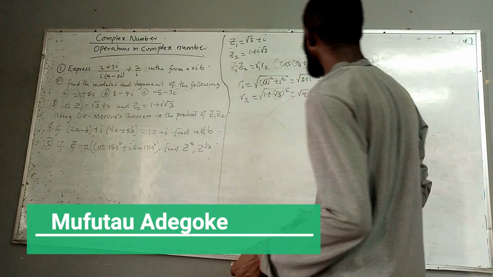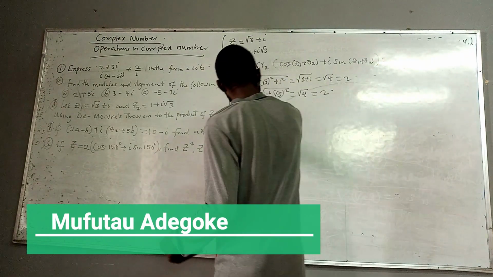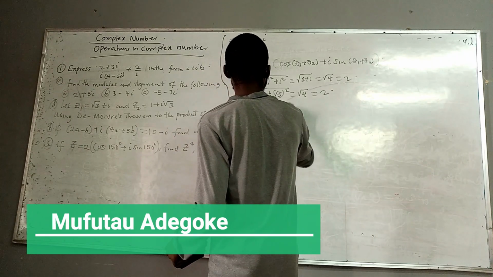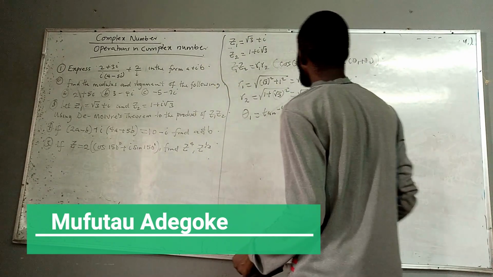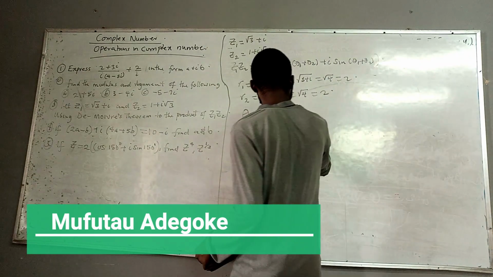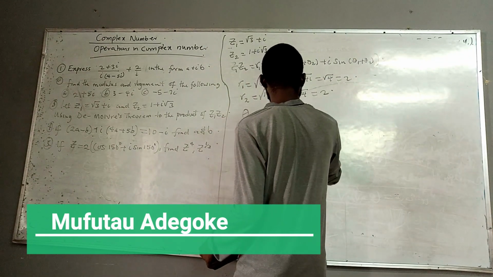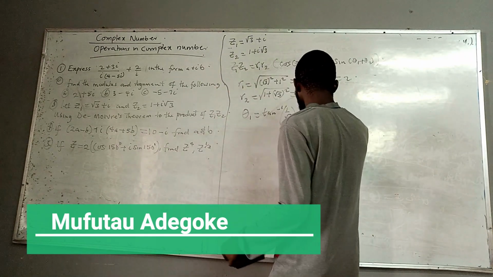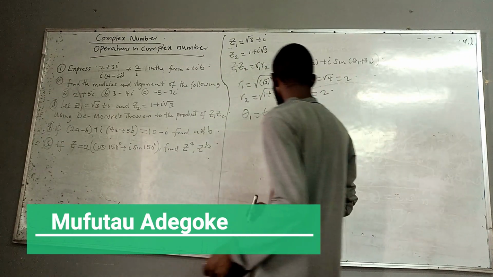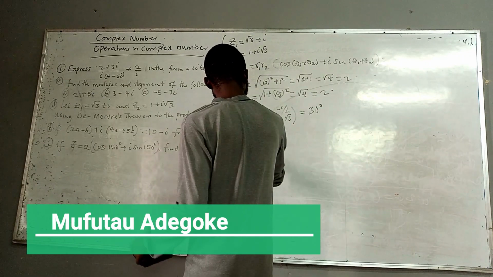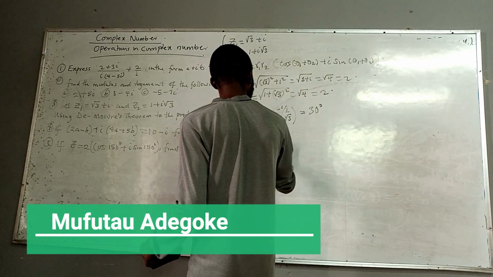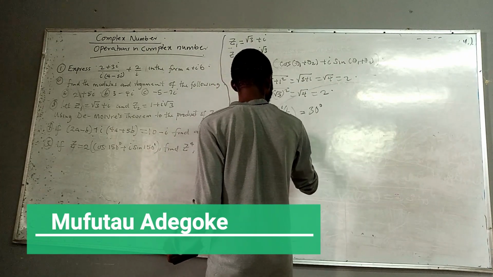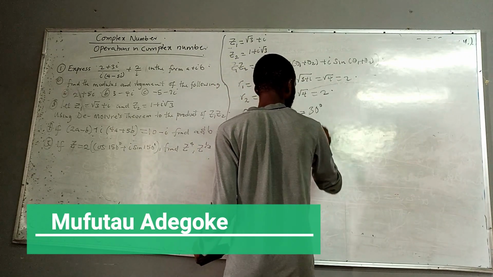Then we want to get our theta. My theta 1 will just be tan inverse of 1 over root 3, which will give me 30 degrees. And my theta 2 will be tan inverse of root 3 over 1, which is 60 degrees.